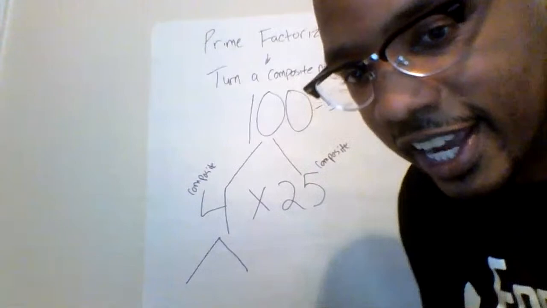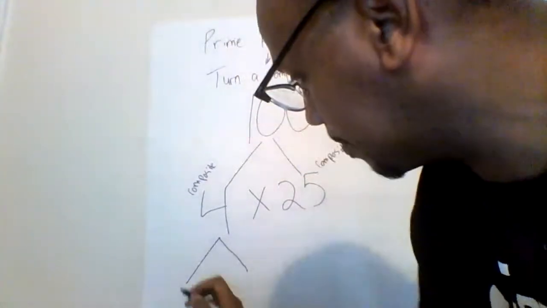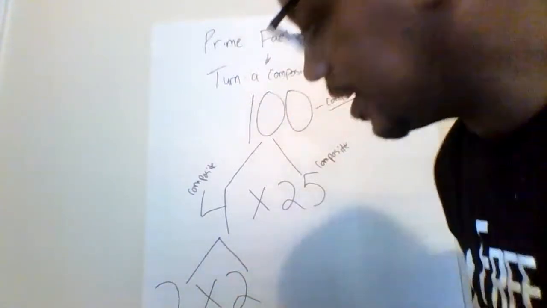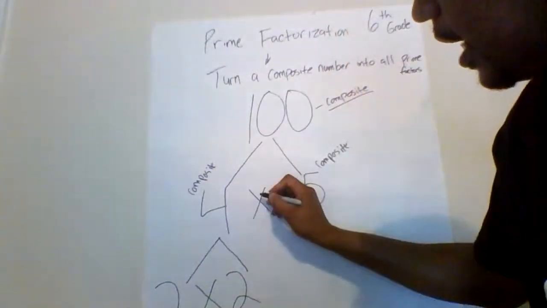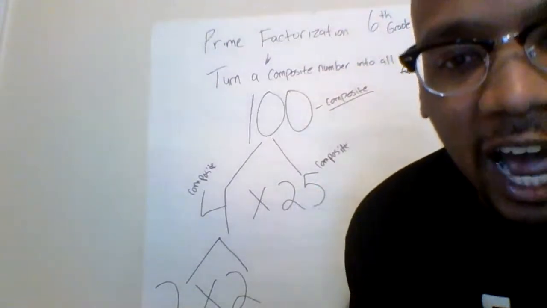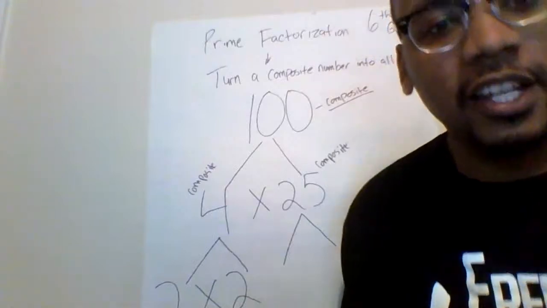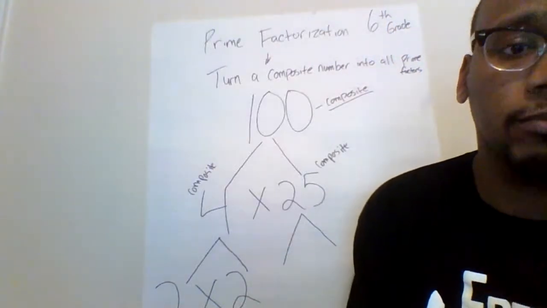Good. Darling said 2 times 2, which is right because 2 is prime. All right. So we broke that down into 2 times 2, right? Now, who can tell me how to break down 25 into prime numbers multiplied? How do you break down 25?